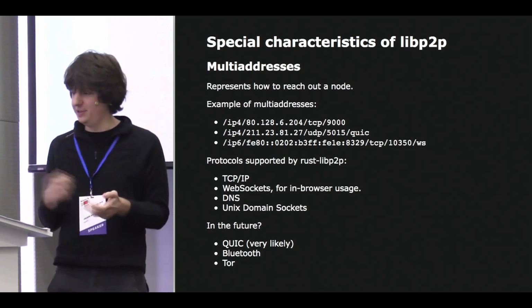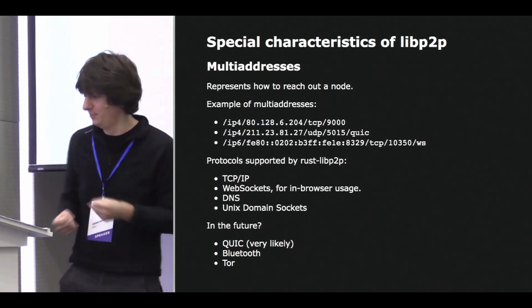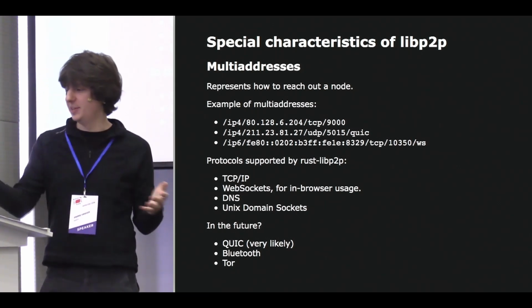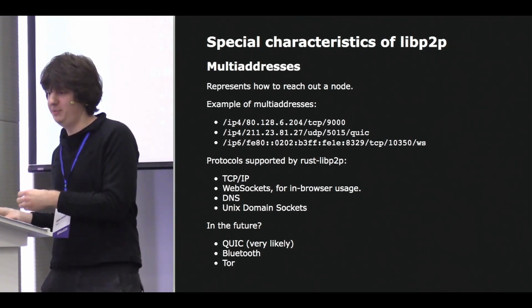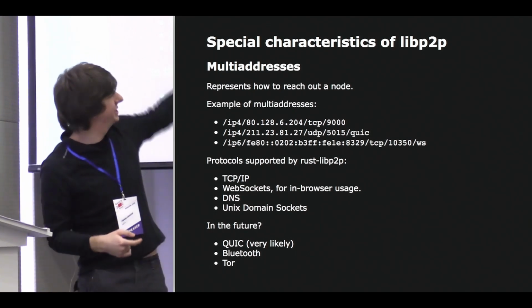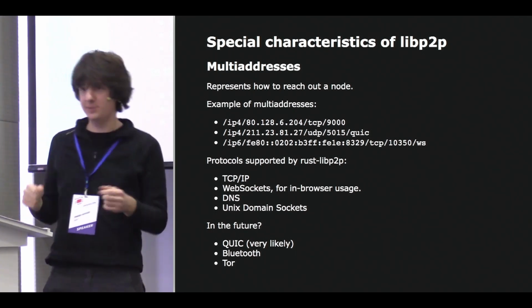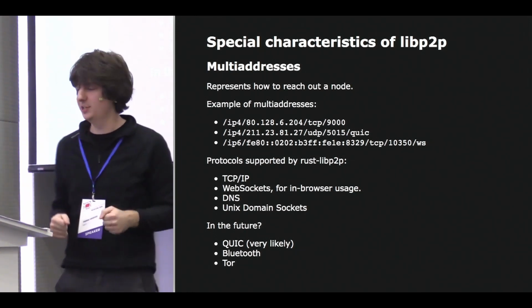And the advantage of this is that we can basically do anything we want because we just have a string. So instead of using TCP, you can use UDP. You can use QUIC on top of UDP. You can use IPv6. You can use WebSockets. The third example has a /WS, which means put WebSockets on top of this TCP connection.